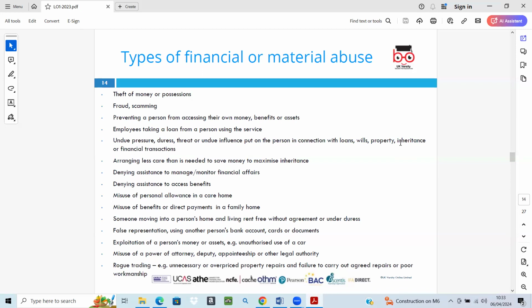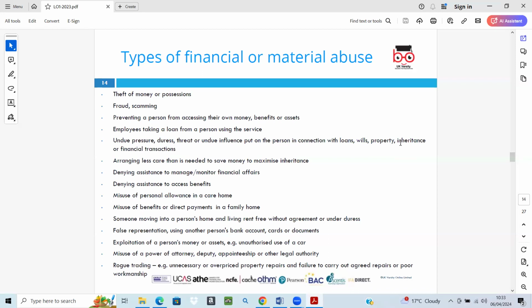Some healthcare support staff, or anyone involved in taking care of an individual or a vulnerable adult, or even those who have financial means, try to rob them, steal money, or commit fraud or scamming, because people are vulnerable due to old age or any other health issue.